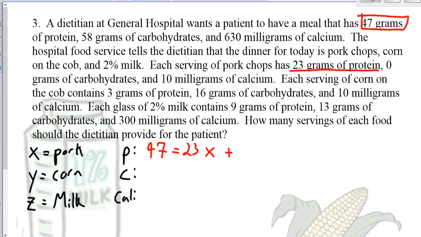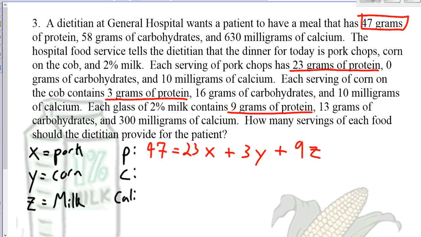From the corn, that's my y variable, the corn is going to be 3 grams of protein. And then my last thing is how many grams of protein the milk contains, and that's there, plus 9 of my milk.